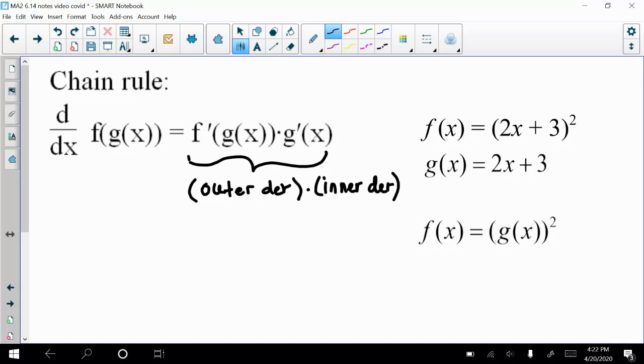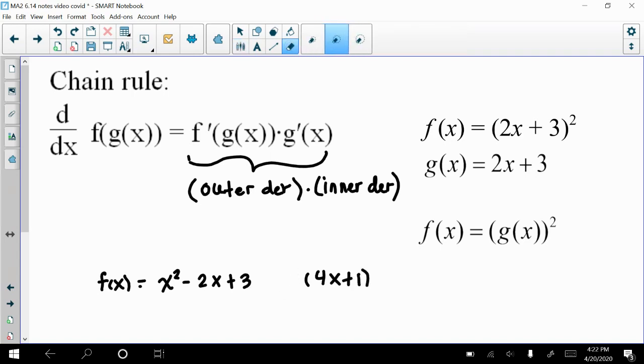Remember, we did these a couple of times in Math Academy 1, composition of functions, where we would say something like f of x is x squared minus 2x plus 3, and then we'd say g of x is 4x plus 1.